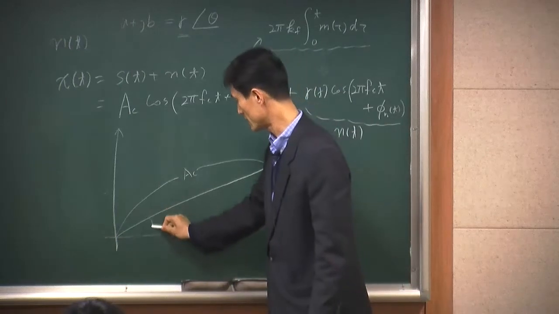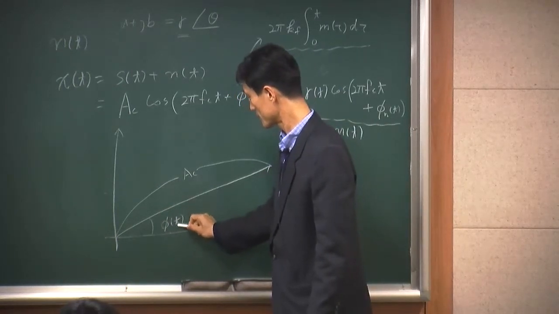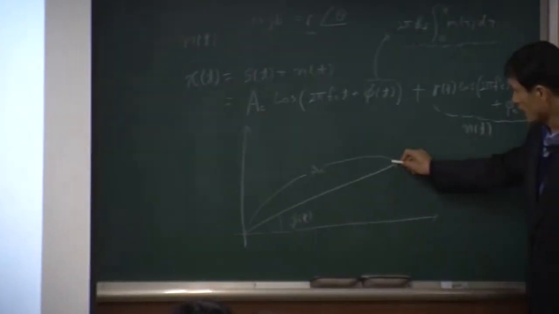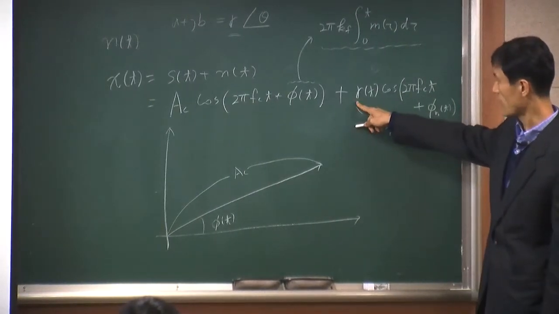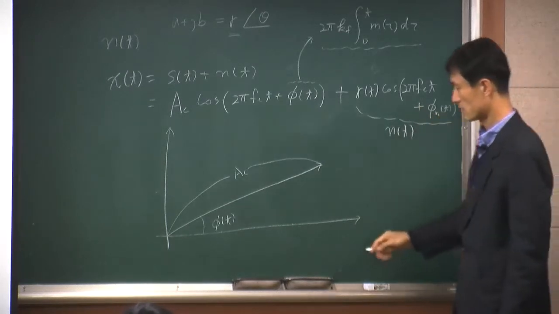So this angle here is phi t. That's our first vector. Now let's look at the second vector. The second vector has amplitude rt with a phase phi nt.